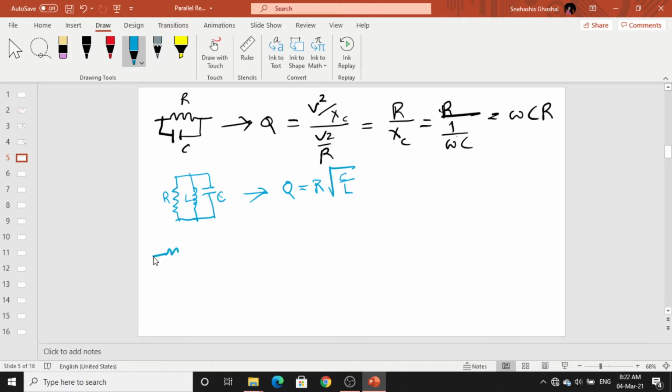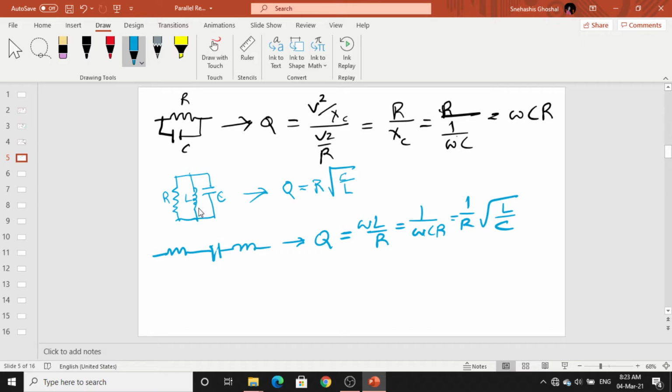Because in case of RLC series network, the quality factor is omega L by R, or 1 by omega CR. If I represent the value of omega equal to 1 by root LC, it becomes 1 by R root L by C. So that is the RLC series network.